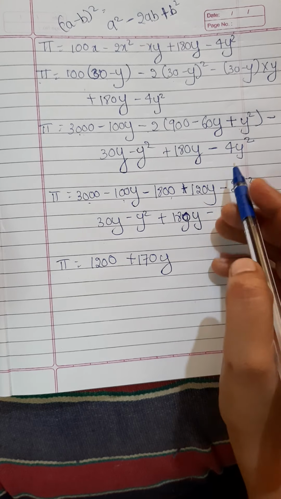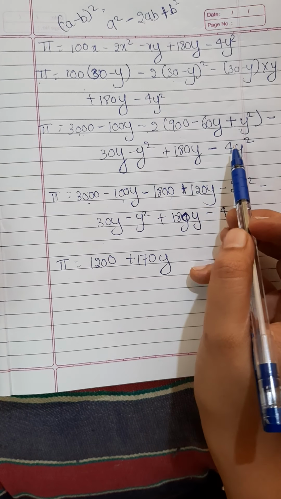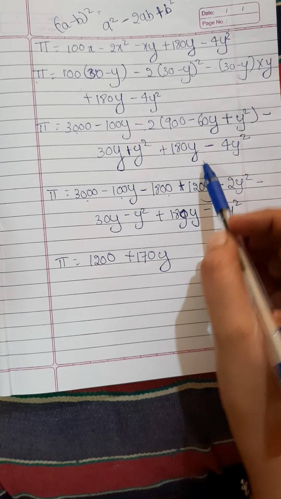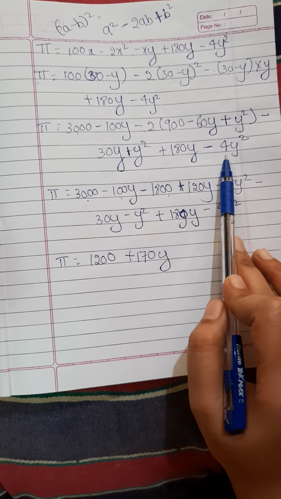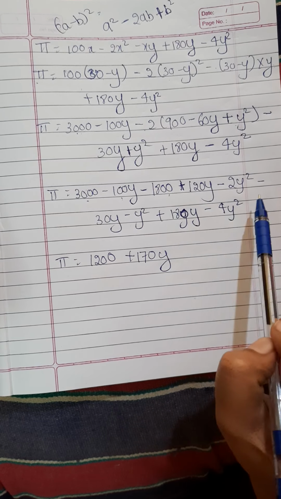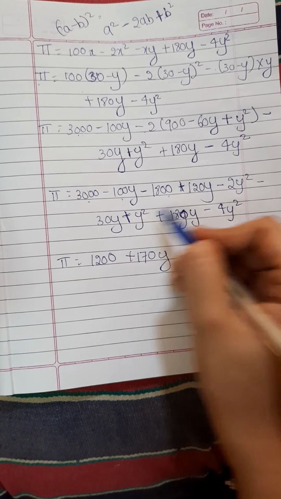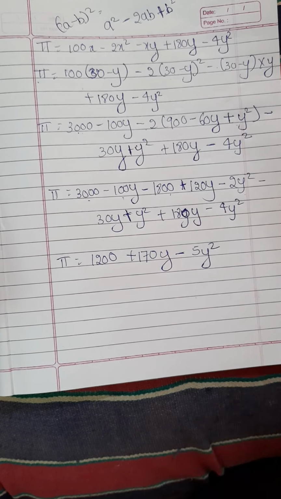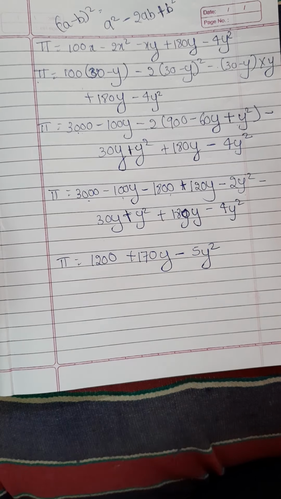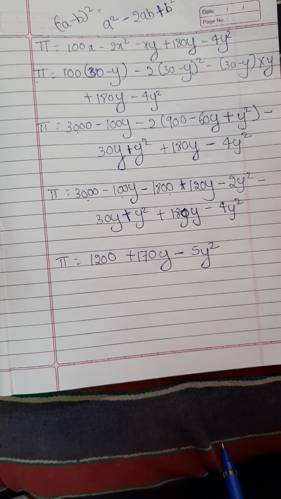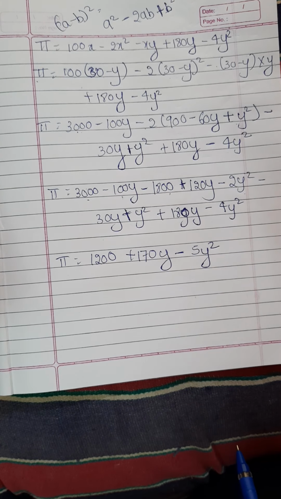Next here it will be plus y, because minus minus is plus sign. So minus y square plus y square minus 2y square is equal to minus 5y square. So profit function is 1200 plus 170y minus 5y square.